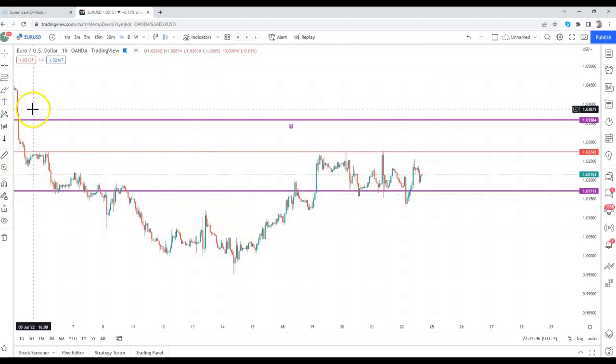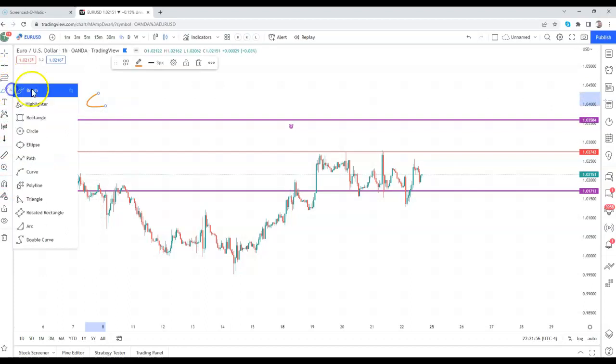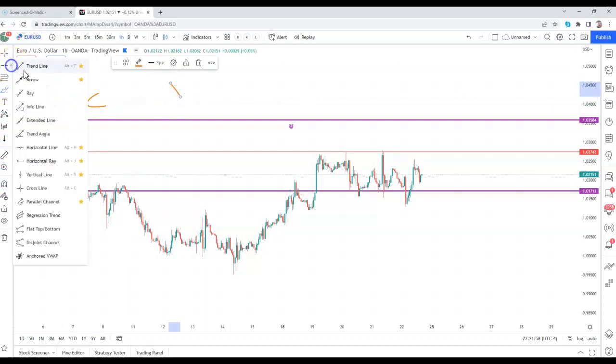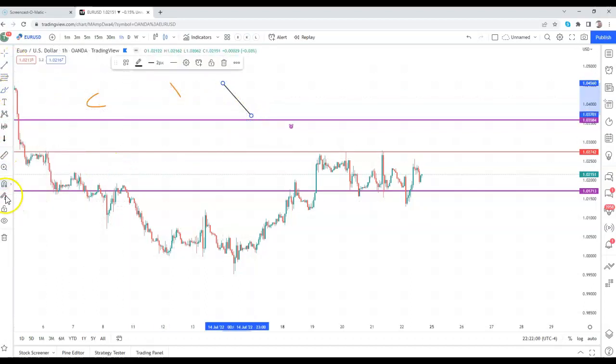Now say you are putting a lot of vertical lines or a lot of horizontal lines, and you don't want to keep going back to the toolbar. You could click on drawing lock and then have it here.